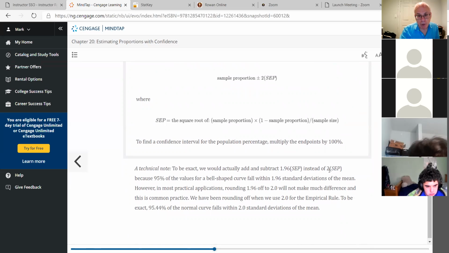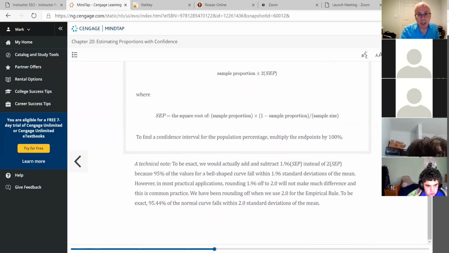Instead of 2, you'd use 1.96. I'm not going to get into why; that has something to do with the empirical rule. So that is the formula used to create our margin of error, and we add and subtract it from the sample proportion that we get in our sample, and we have our confidence interval.